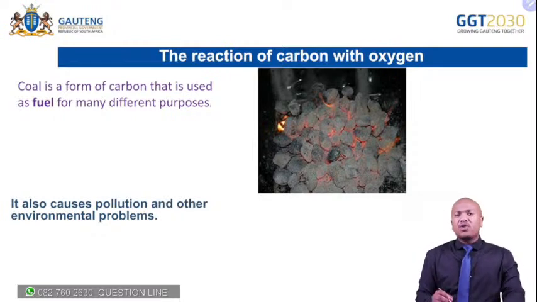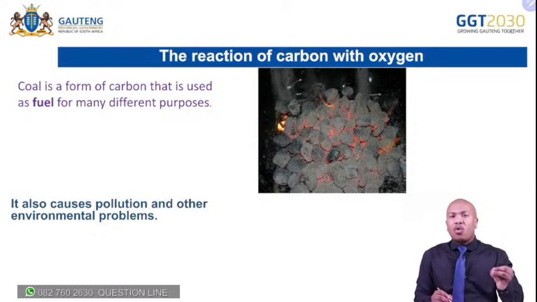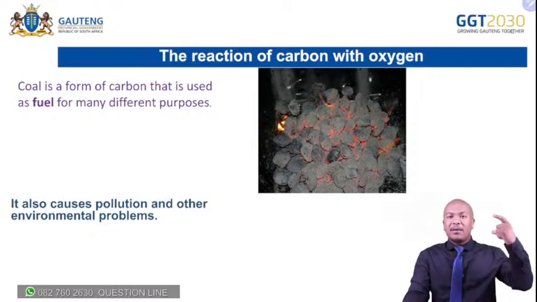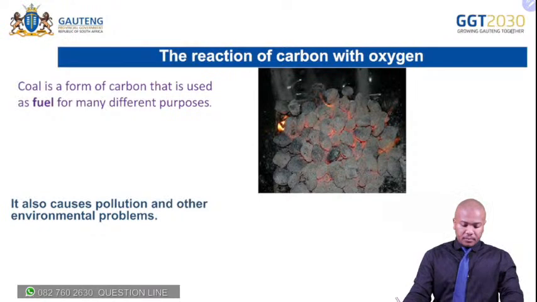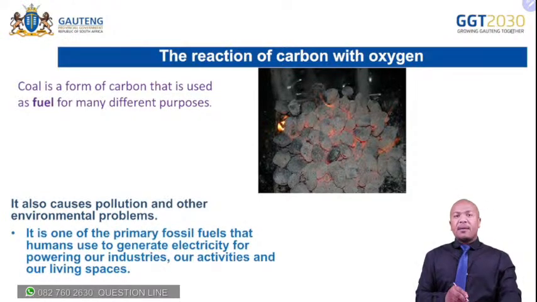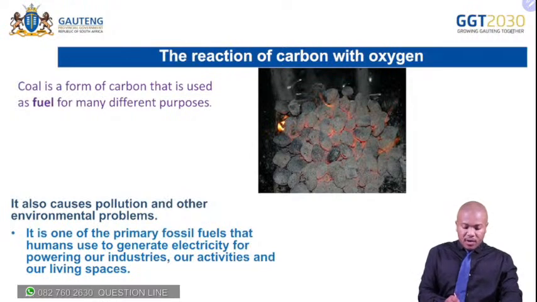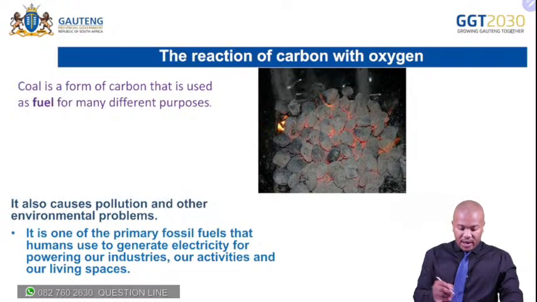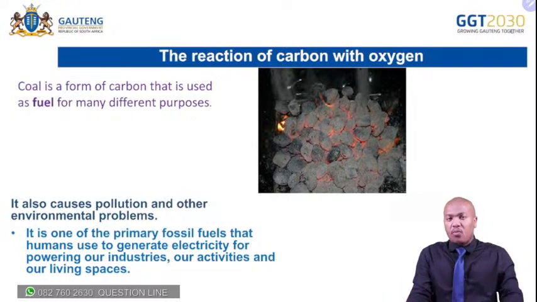It is a contributing factor to global warming, which is the increase of temperatures globally. Also, coal is used as a primary source of fuel to generate electricity for our industries, for our activities at home, and so on, wherever we need electricity.